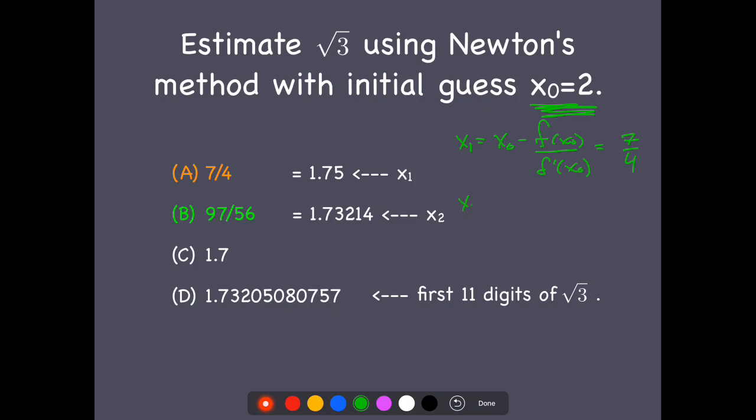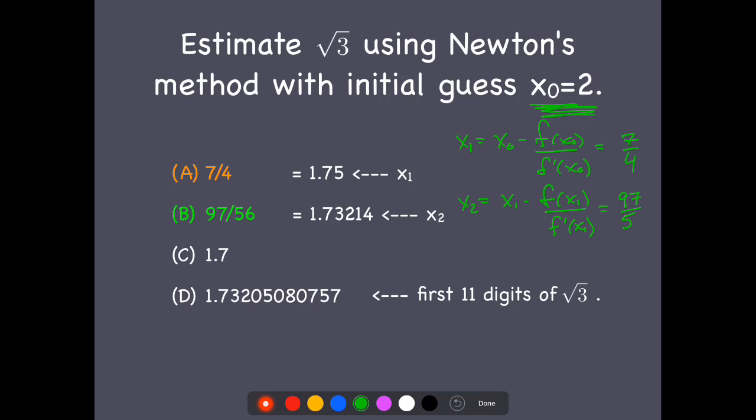And then x2 is x1, so you take this 7 over 4 and you plug it into the formula again, and you will get a new number that will require a little bit more complicated fraction manipulation, and there you'll get 97 over 56.